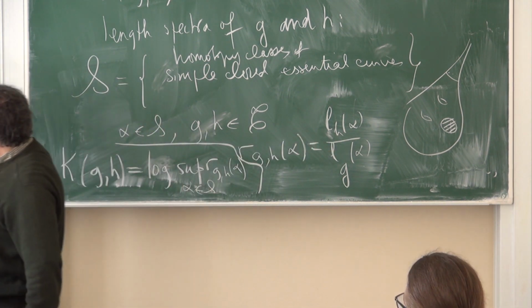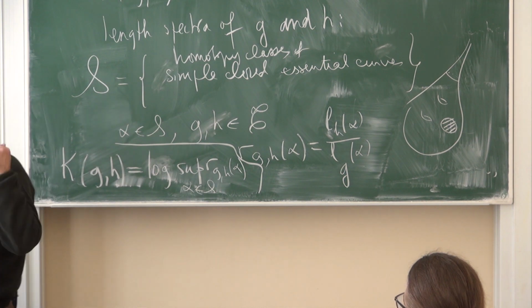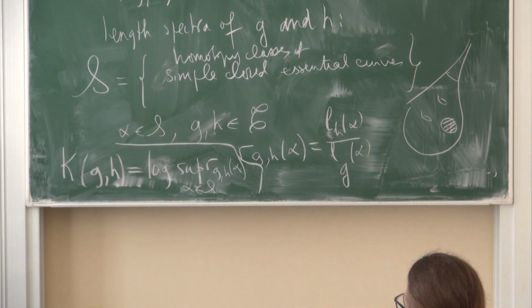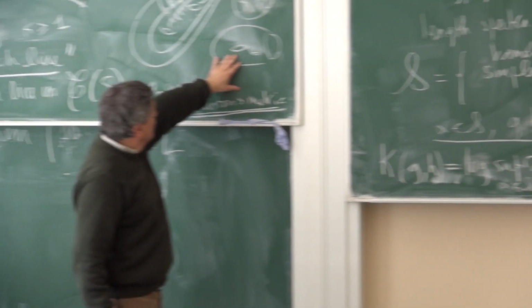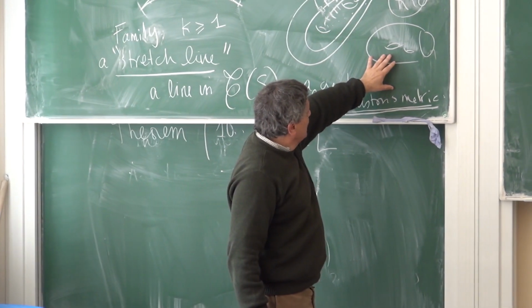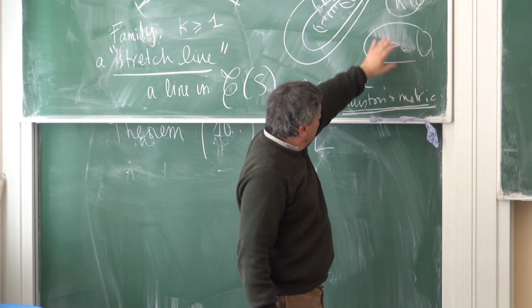So this is not good for surfaces with boundary, whereas the metric L gives you a reasonable metric for surfaces with boundary. There is a modification of K for surfaces with boundary, which I will talk about later, not today. The metric L does not need to be modified.